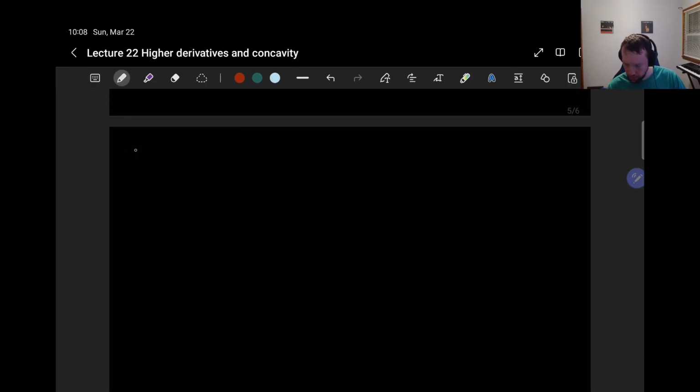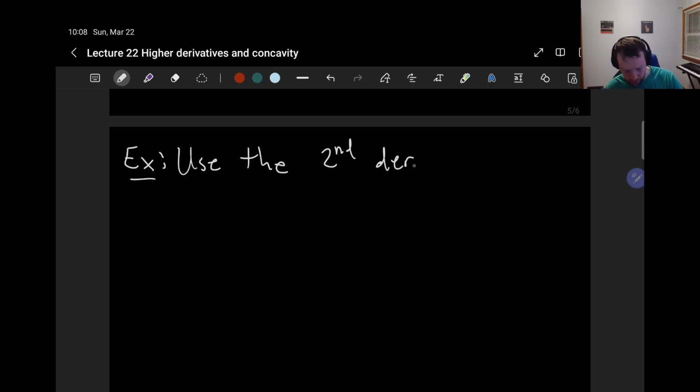Let's do an example. I'm going to use the second derivative test in particular. When it comes to exam time, you'll want to be able to do both. Just understand both tests and be able to do each one. They both serve the same purpose of classifying critical points, but they just use different means.